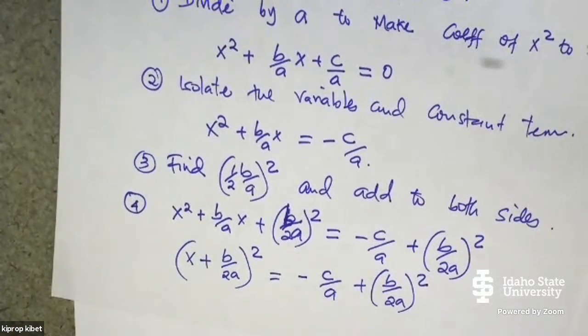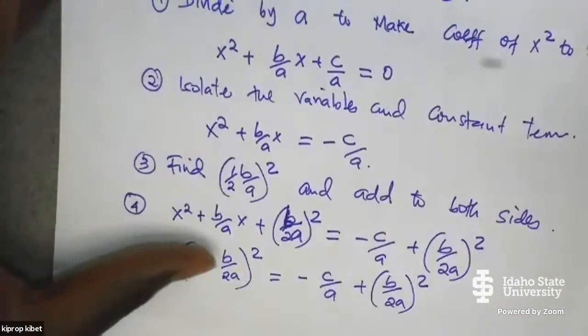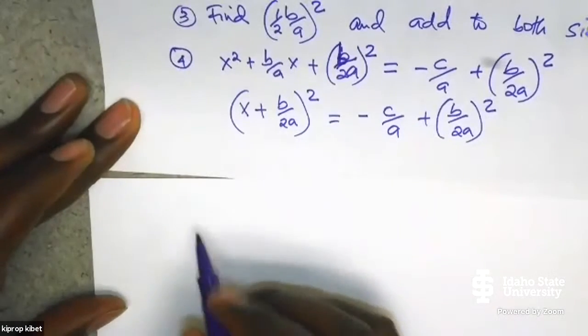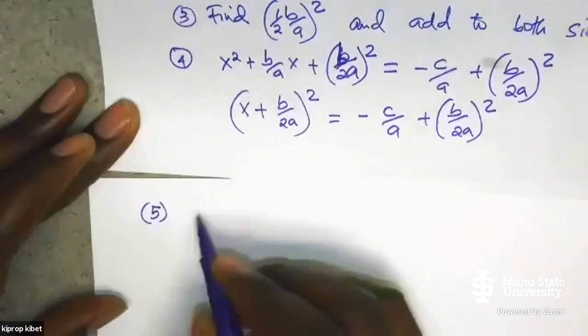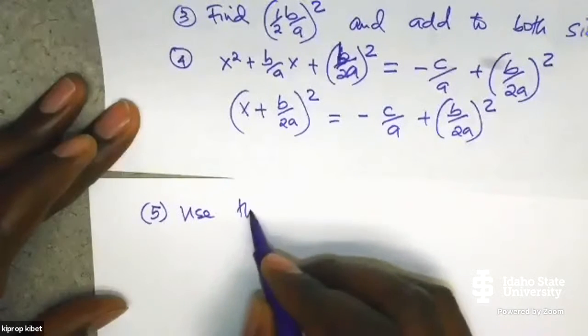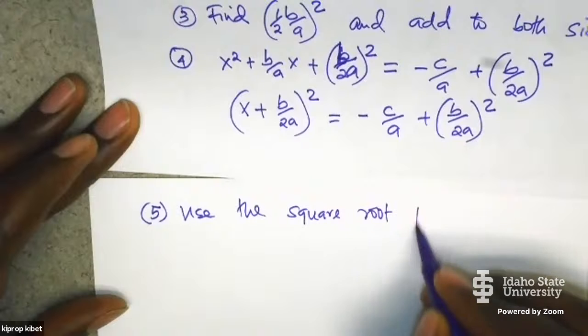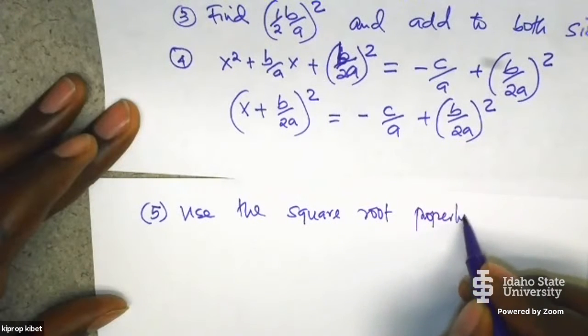So from there now, you use the square root property. So number 5, use the square root property.